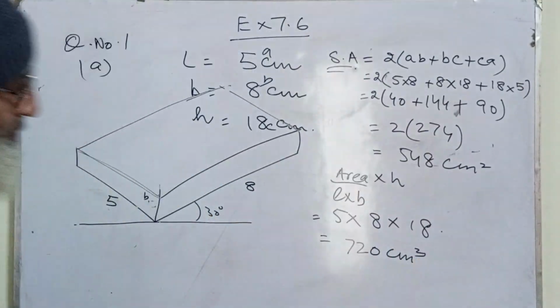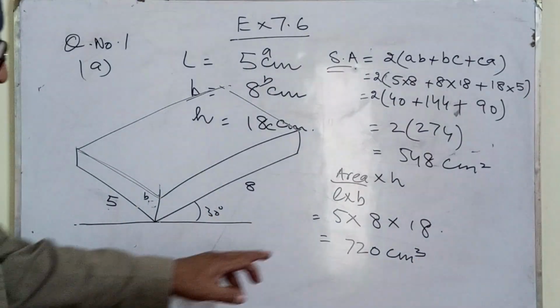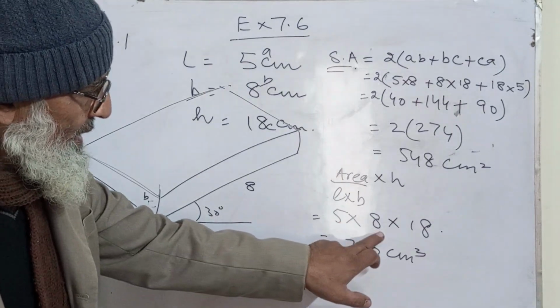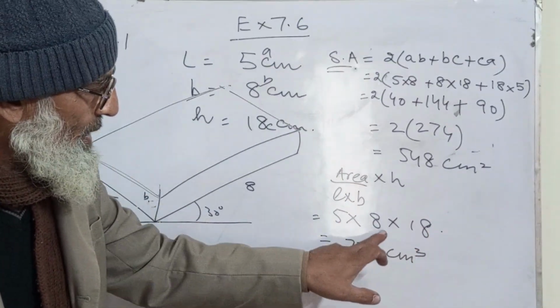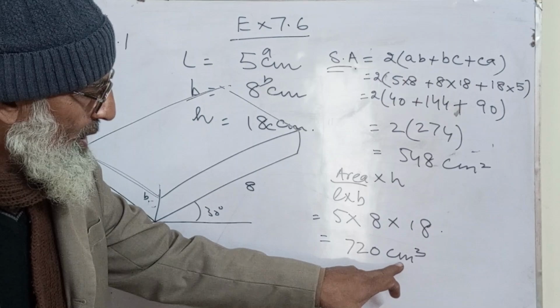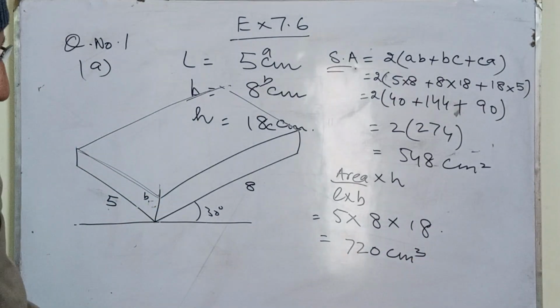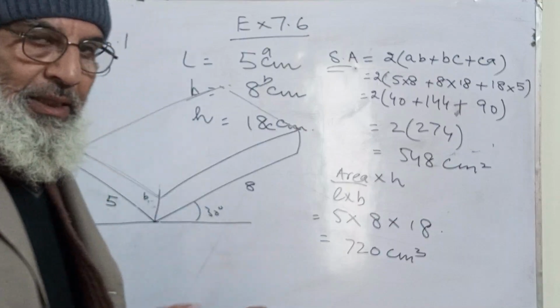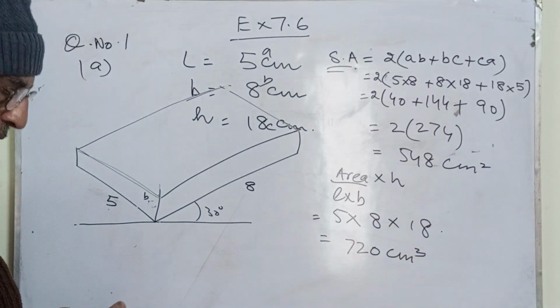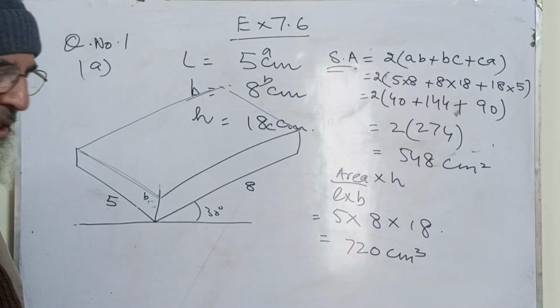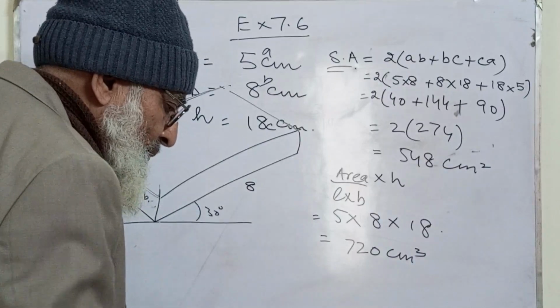Not square, because there are three dimensions: centimeter, centimeter, centimeter. All the three centimeters will be multiplied to get centimeter cube. So again the answer is correct. There is no discrepancy in the answers so far.